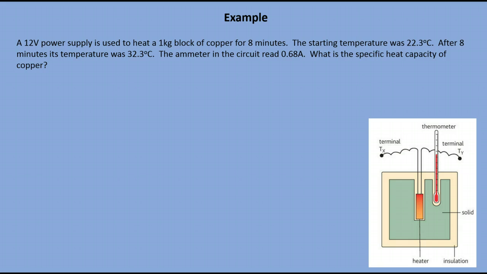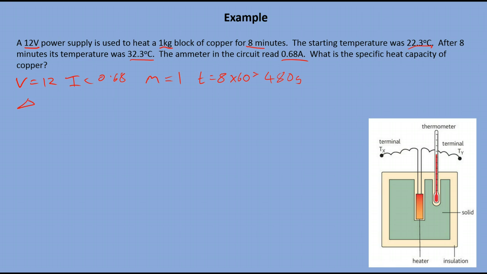Okay, so let's look at an example of how exactly we would calculate the specific heat capacity of a material. We're told that a 12 volt power supply is being used to heat a 1 kilogram block of copper for 8 minutes. We have a starting temperature, a finishing temperature, and a current read in the circuit. So we know that V is 12, I is 0.68, M is 1, and T is 8 times 60, which equals 480 seconds.